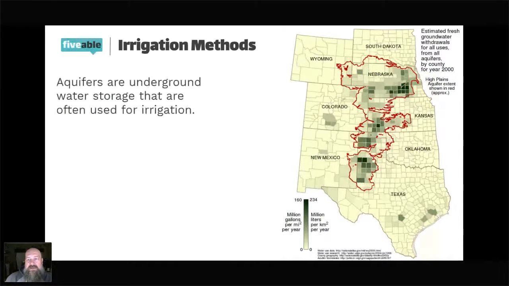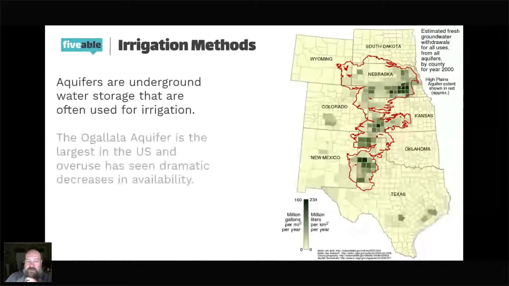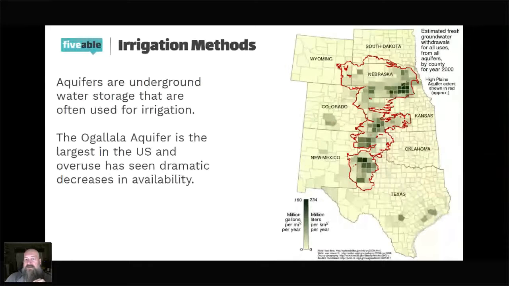Most of them have a semi-permeable top so that the water percolates down through. It gets cleansed as it goes through the soil into this area that will hold the water. So the Ogallala Aquifer is one of the largest. I know it's definitely the largest here in the U.S., and as you can see, that whole red outline is the outline of the aquifer itself.